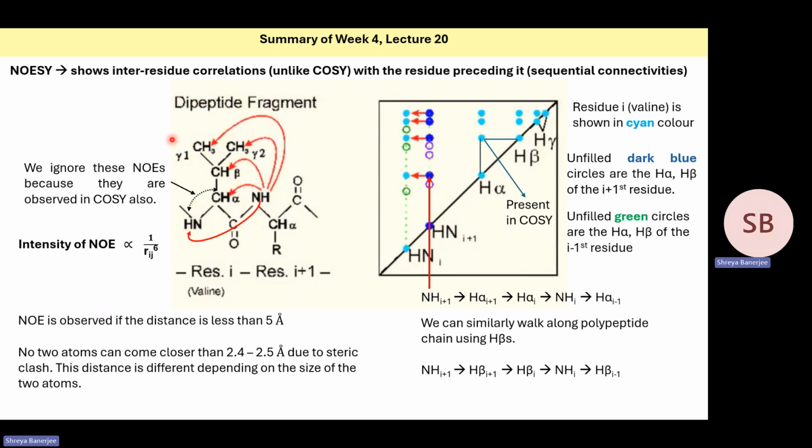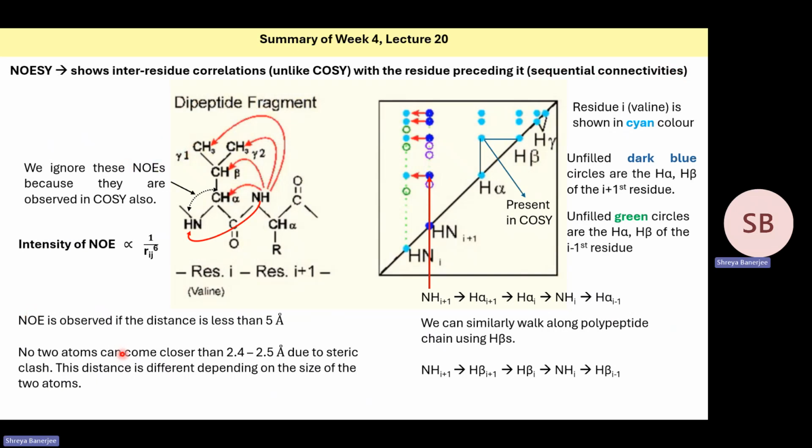The problem of COSY we were discussing is that COSY is restricted to that particular amino acid residue. But NOE can show correlation with the preceding amino acid residue, that is, inter-residue correlations. And if we have inter-residue correlations, we can find the sequential connectivities using NOE.